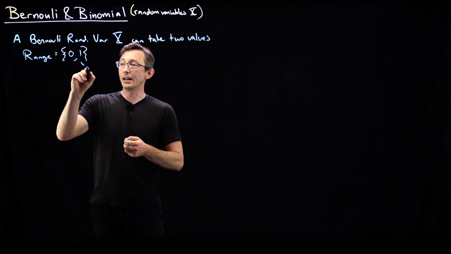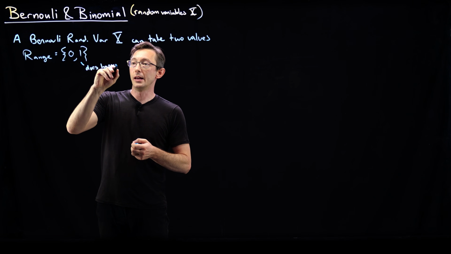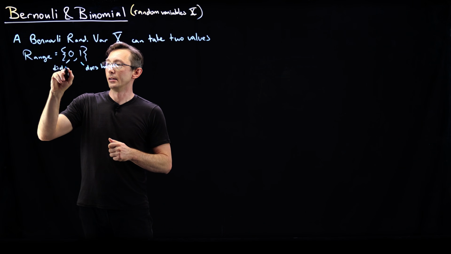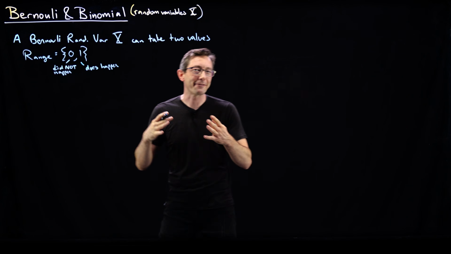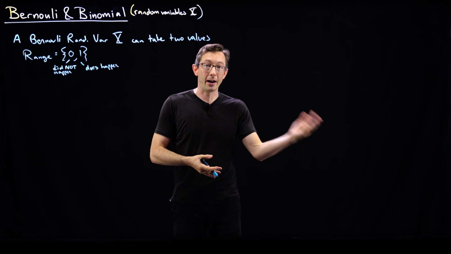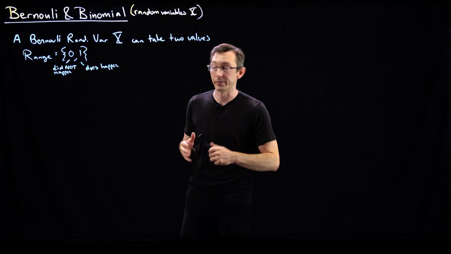This 1 means my event does happen. And this 0 means my event did not happen. So I essentially have to define what I mean by a successful event. I got a 6, or I flipped a head, or whatever, something like that.